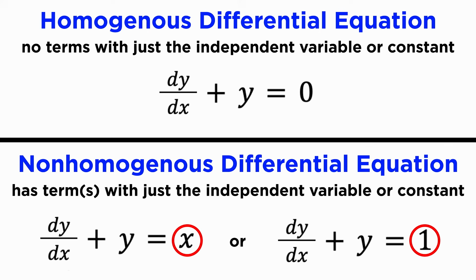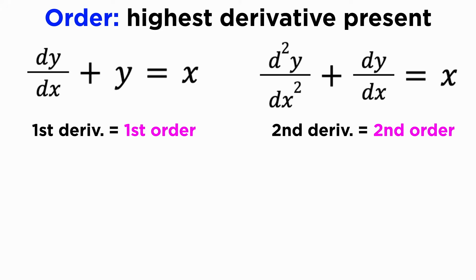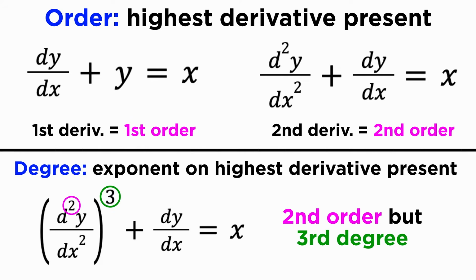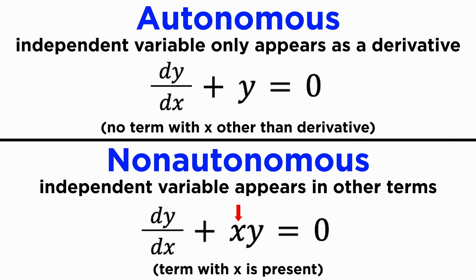If there are, it's nonhomogeneous. Next, the order of any DE is the highest derivative present, and the exponent on this highest derivative is the degree. Lastly, autonomous means that the independent variable doesn't appear anywhere except as a derivative.